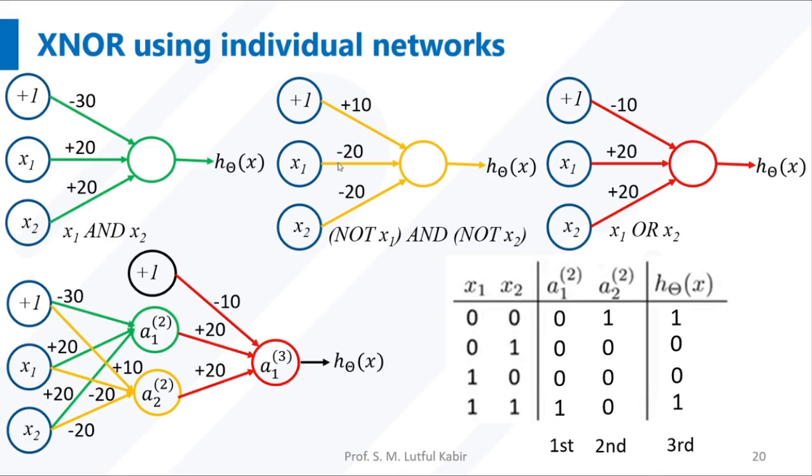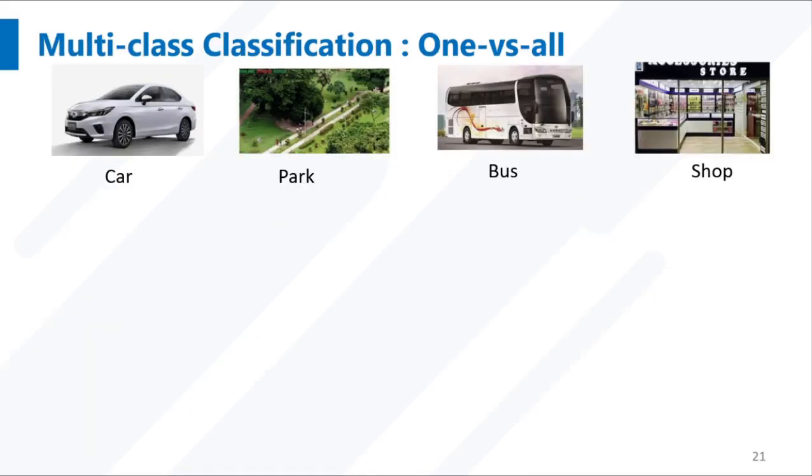XNOR is actually a very complicated problem because the decision boundary is not linear, and this kind of nonlinear case can be easily solved by a neural network. In this part of the lecture, I will discuss how to use a neural network to do multi-class classification, where we may have more than one category that we want to distinguish from the others.